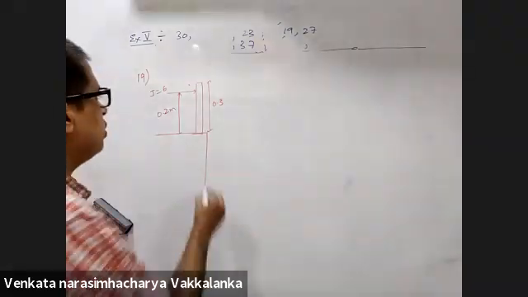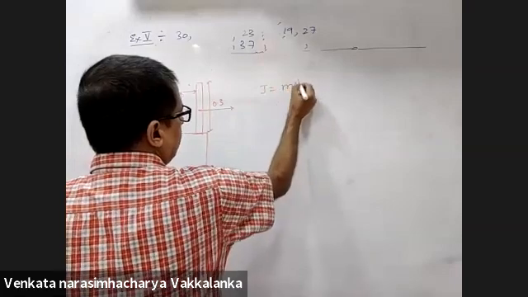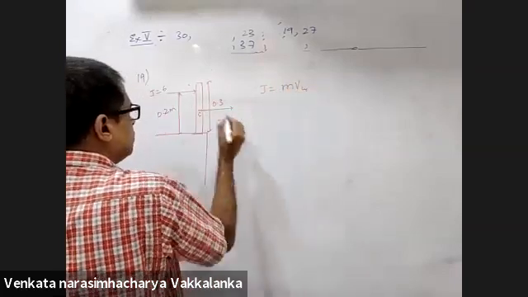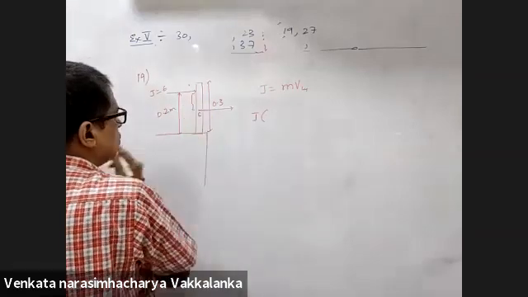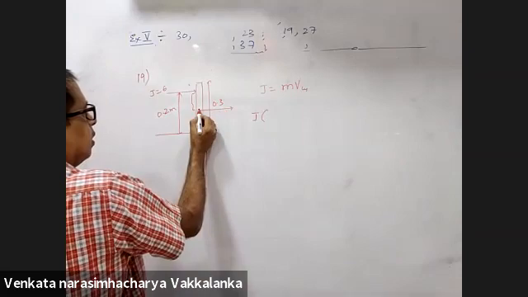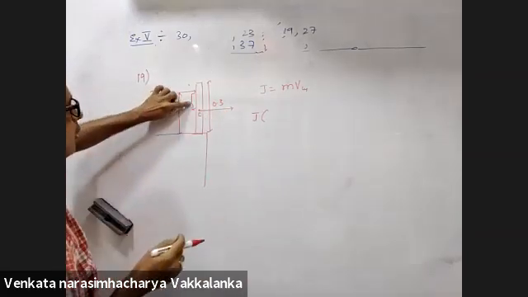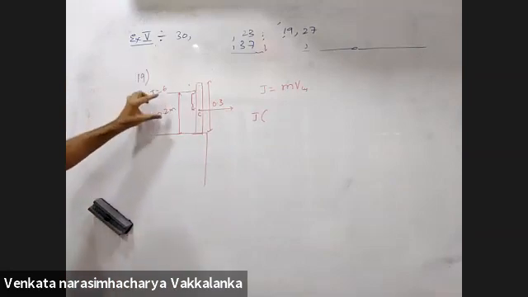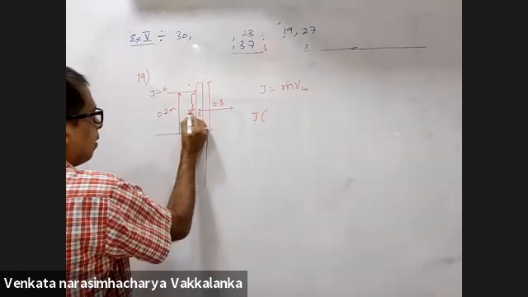Now J is equal to M into VCM. This is C. J into, what will this distance be about the center of mass? How much is this distance? This is 0.15. 0.05.